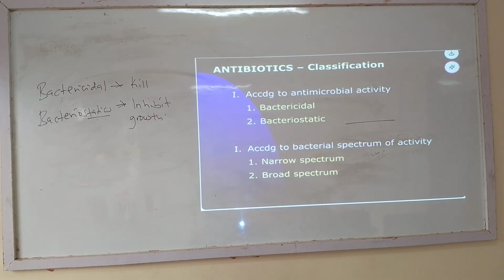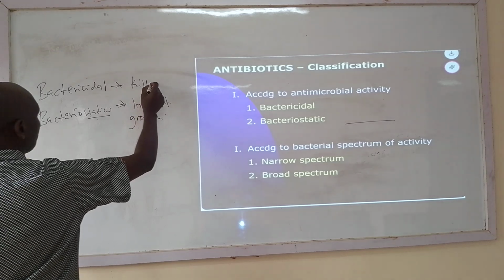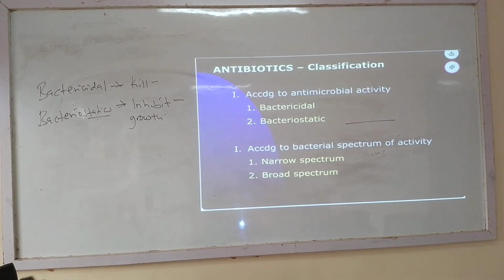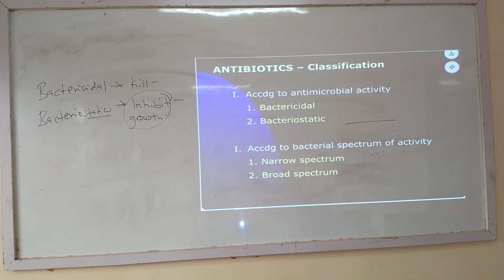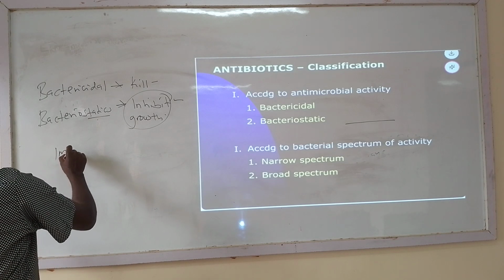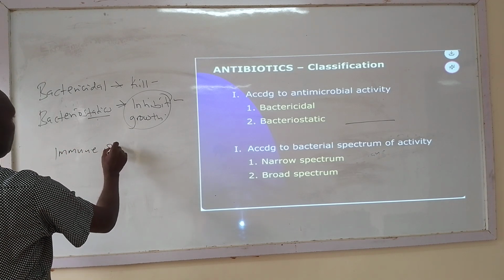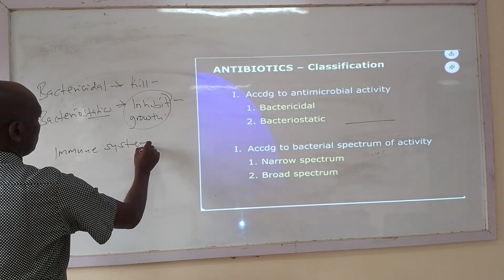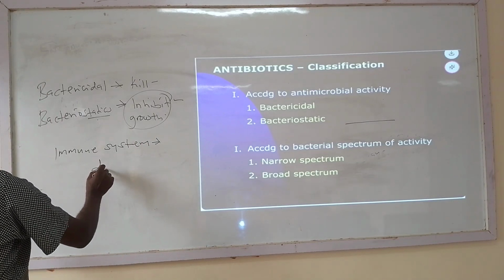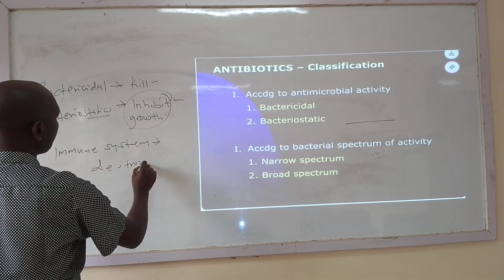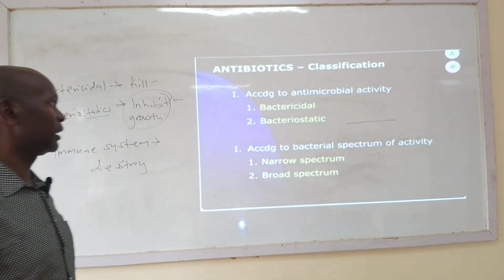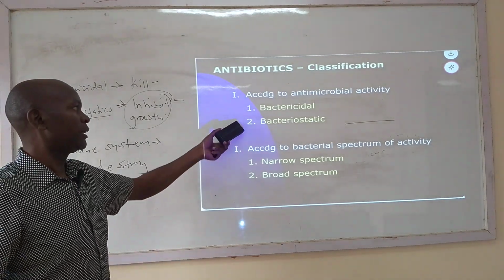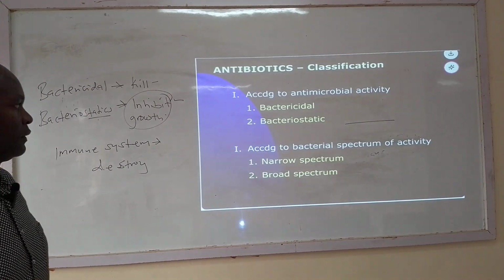Remember we said antibiotics work basically in two ways, either to kill or to inhibit growth. When they inhibit the growth of a bacteria, your immune system gets a chance to destroy the bacteria. So that is when we classify antibiotics based on antimicrobial activity.